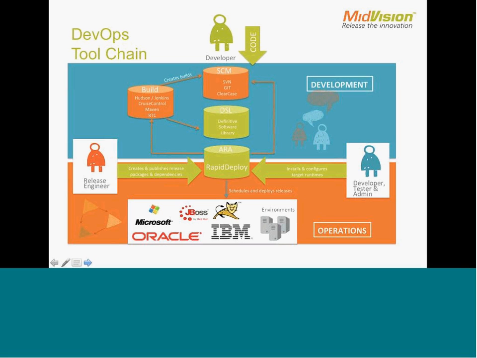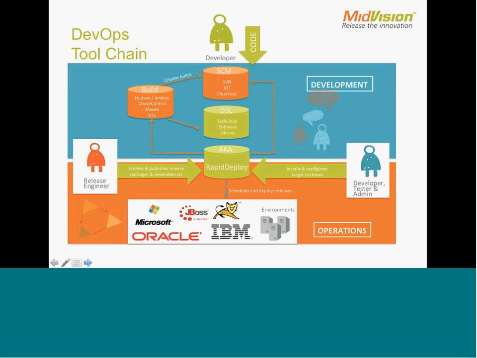In Rapid Deploy, the developers can manage their code by the toolchain plugins: source control management tools, builds, and a set of software libraries. They manage it in Rapid Deploy, and then the operations team manage their targets in Rapid Deploy also.